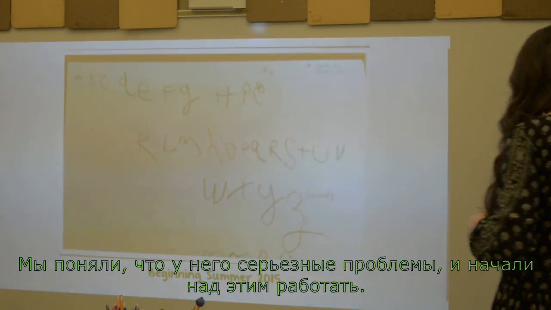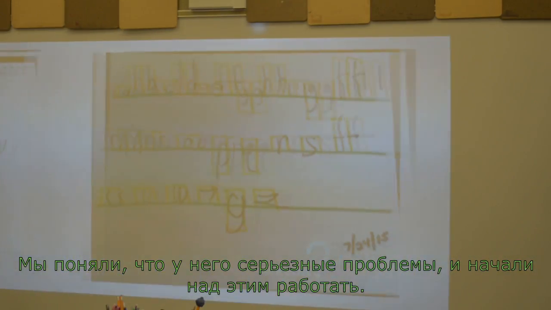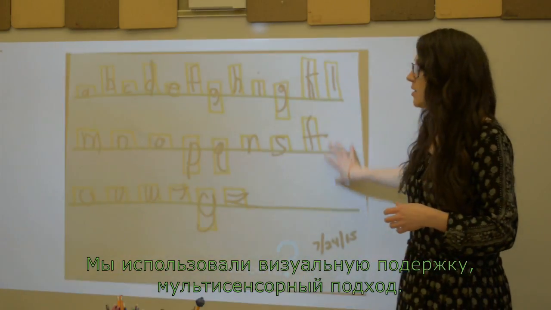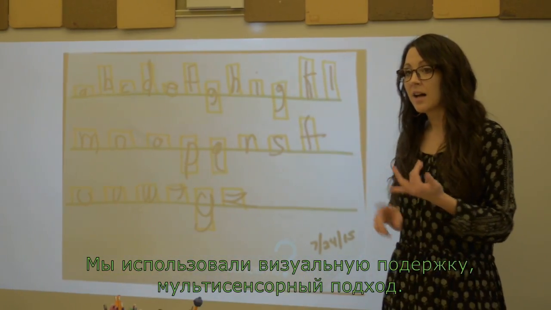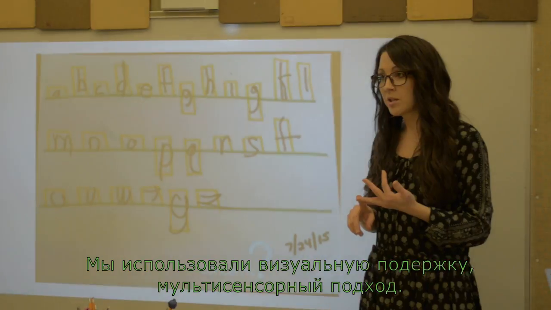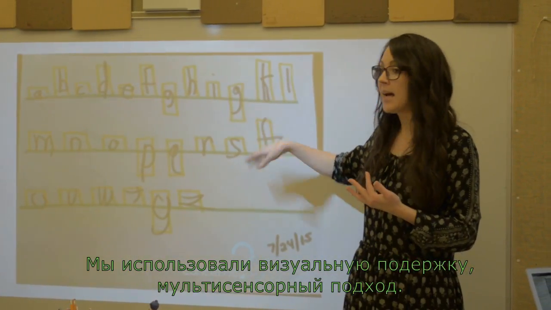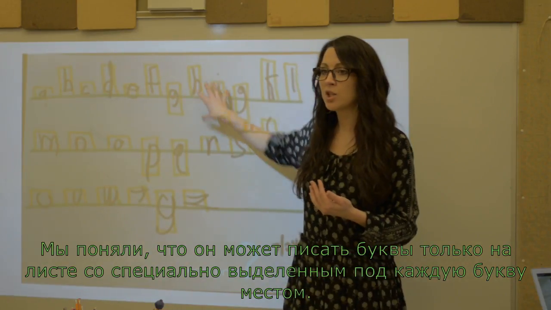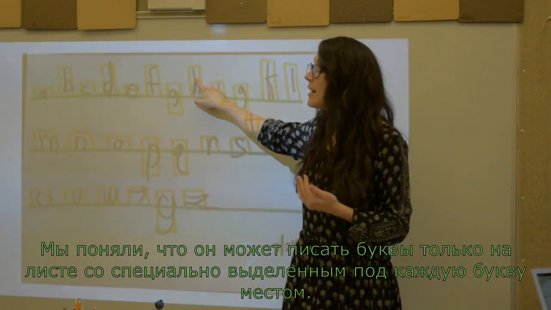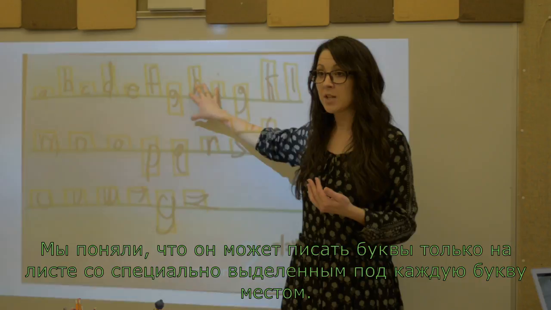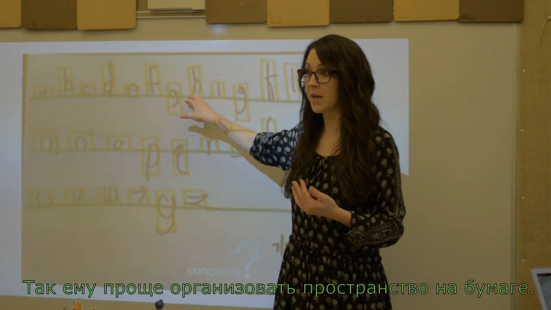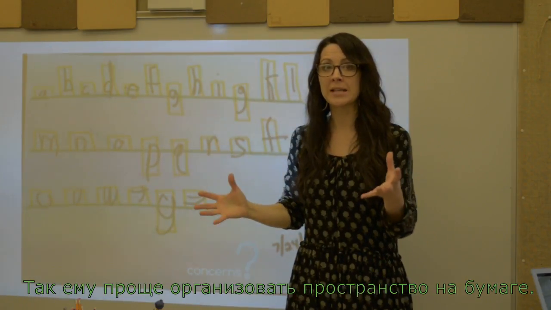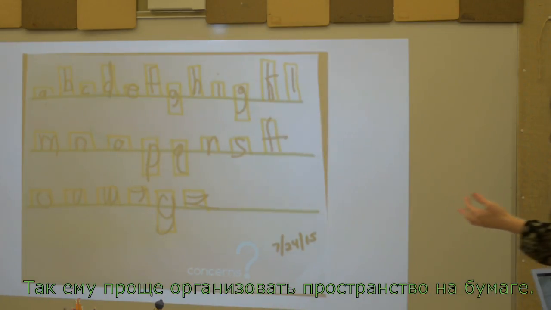So I started working with him, and I had to use a lot of these visual supports. I did a lot of multisensory instruction to help him understand the letters. This is the same task, write the alphabet from memory, and you can see how he needs these visual guides. He can write his letters small and refined in this space, but he needs that visual support because understanding how to organize the space is really hard for him.